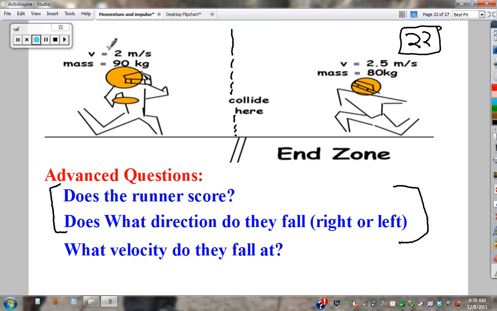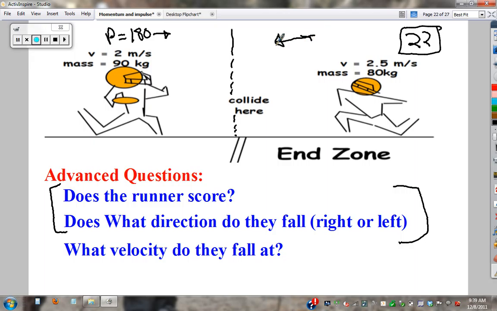So does the runner score? The answer is no, because this guy has a momentum of 180, mass times velocity this way. And this guy has a momentum of, I'm going to call it negative.